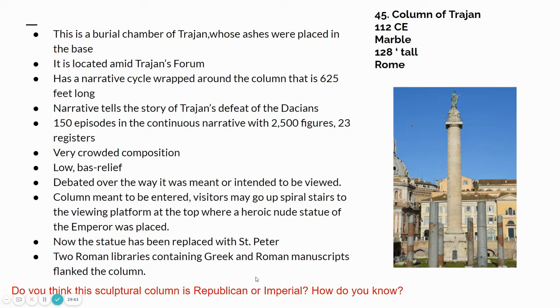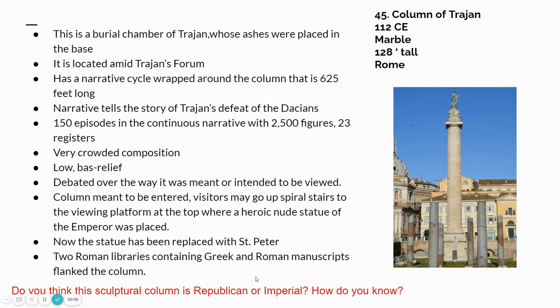Okay, so now getting into the information about the Column of Trajan, it is image 45 in your book. It's from 112 CE. It is marble and it stands 128 feet tall and it's located in Rome. So what we're looking at here, the function of this column, is a burial chamber.